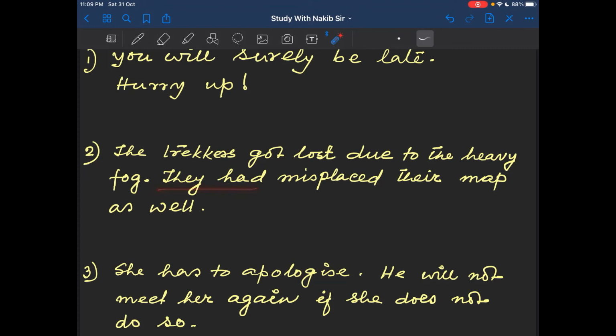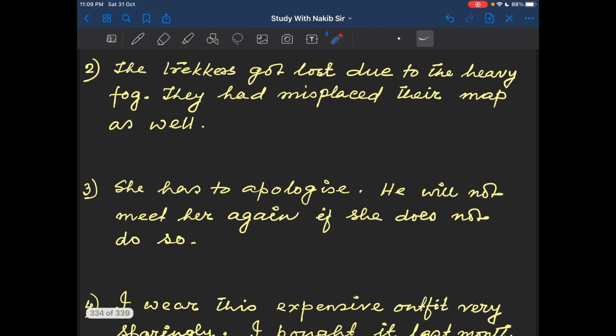And number 3, she has to apologize. He will not meet her again if she does not do so.